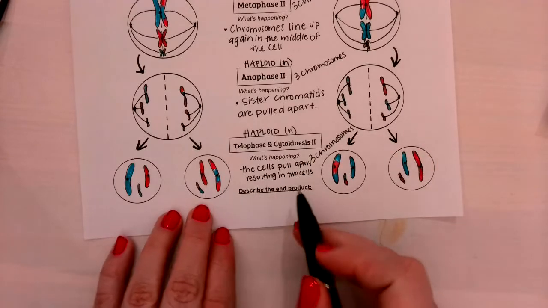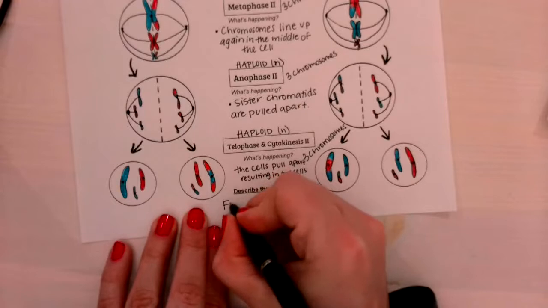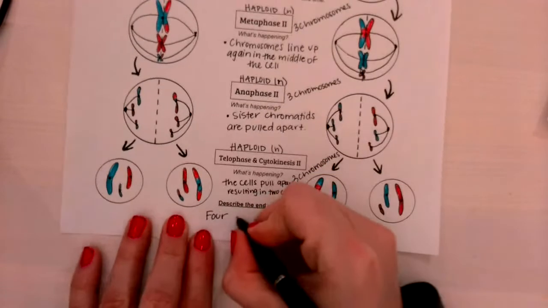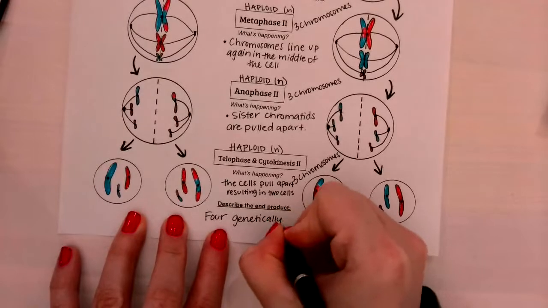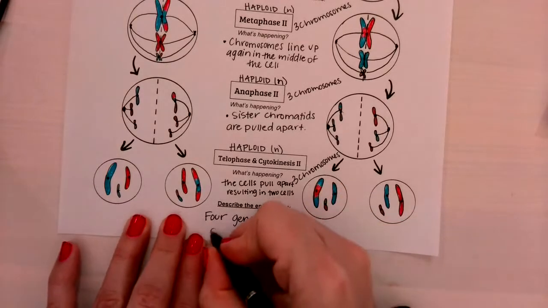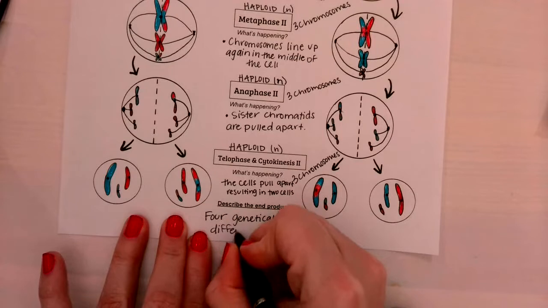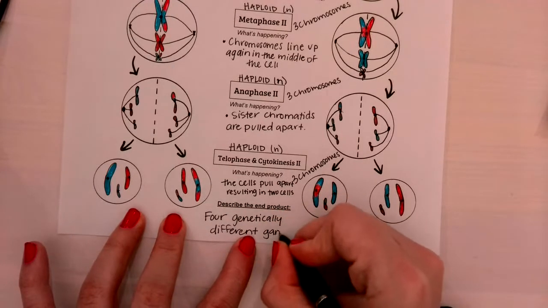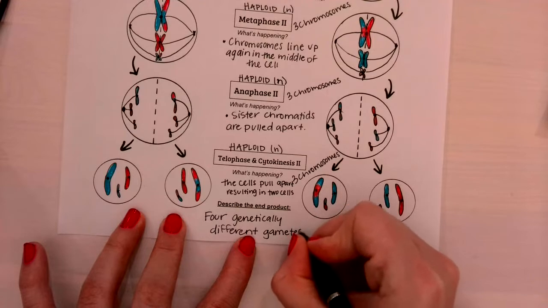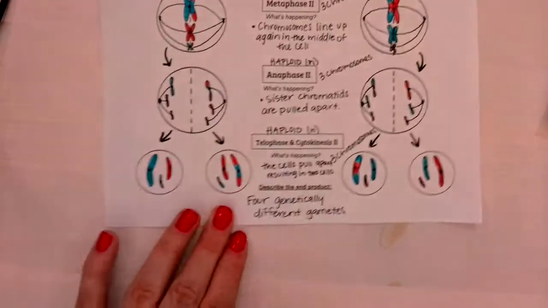So describe the end product. We have 4 genetically different, keyword here, gametes. Okay, so let's pretend these were sperm cells.